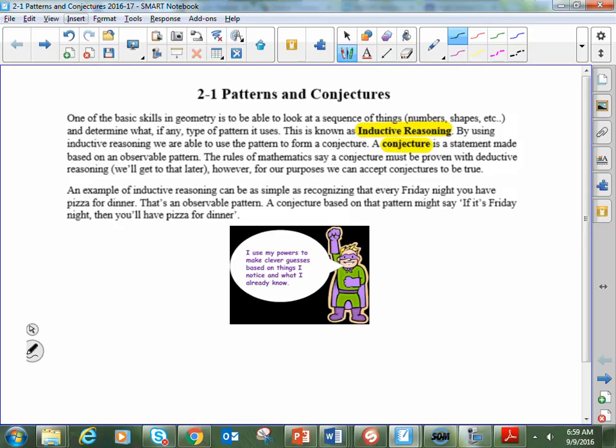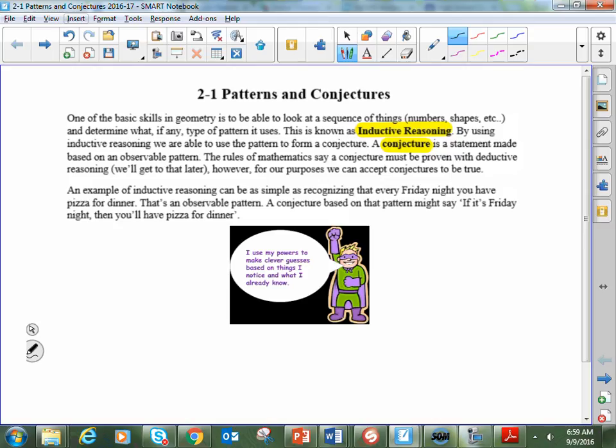Is there something I can exploit here as far as a pattern that I can see and therefore make predictions with? That's really what inductive reasoning is going to be doing. And again, a conjecture is really just, okay, I see this pattern emerging, now I make a statement about it. That's really what conjectures are.